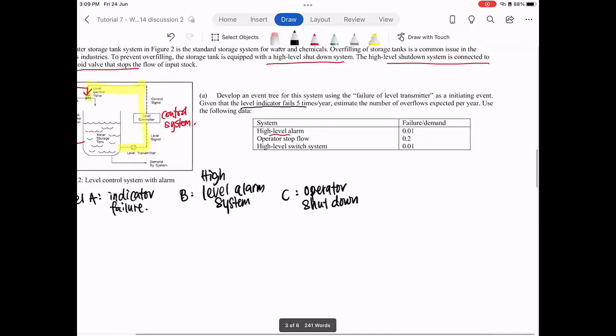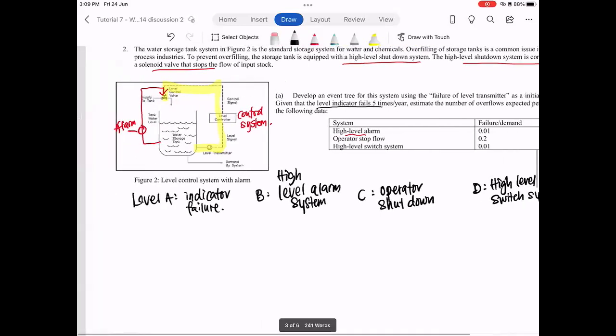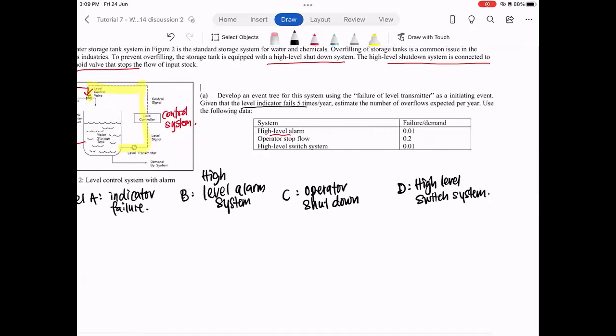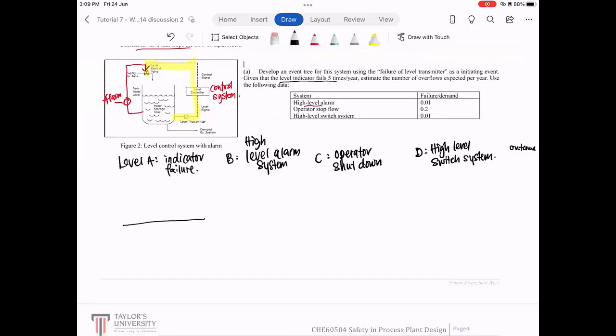And when the operator fails to shut down the system, we have this high level switch system. But if all these fail, then we want to see the outcome. So we have this indicator that rang. Okay. So this is where our level transmitter fails, 5 times a year.